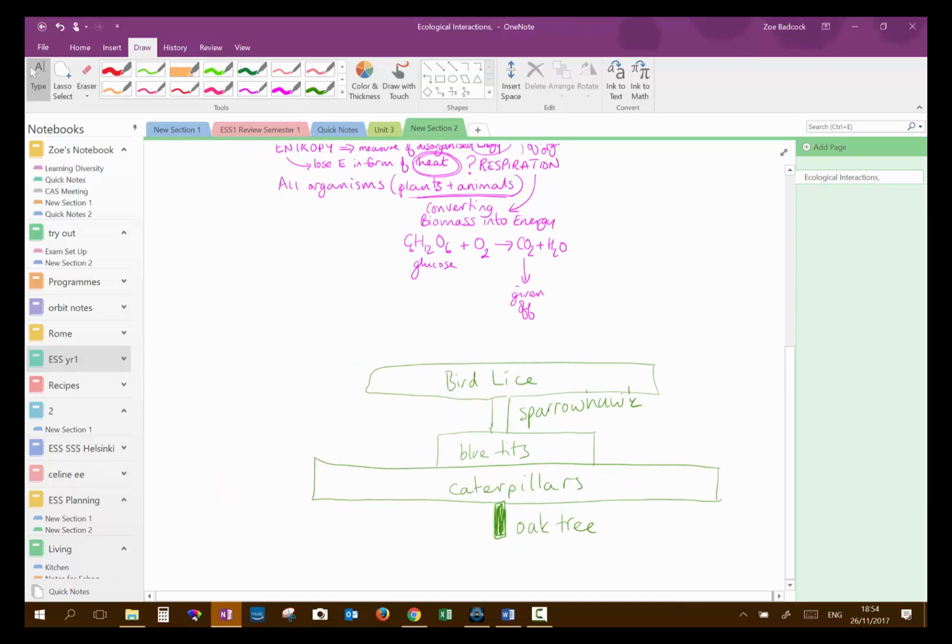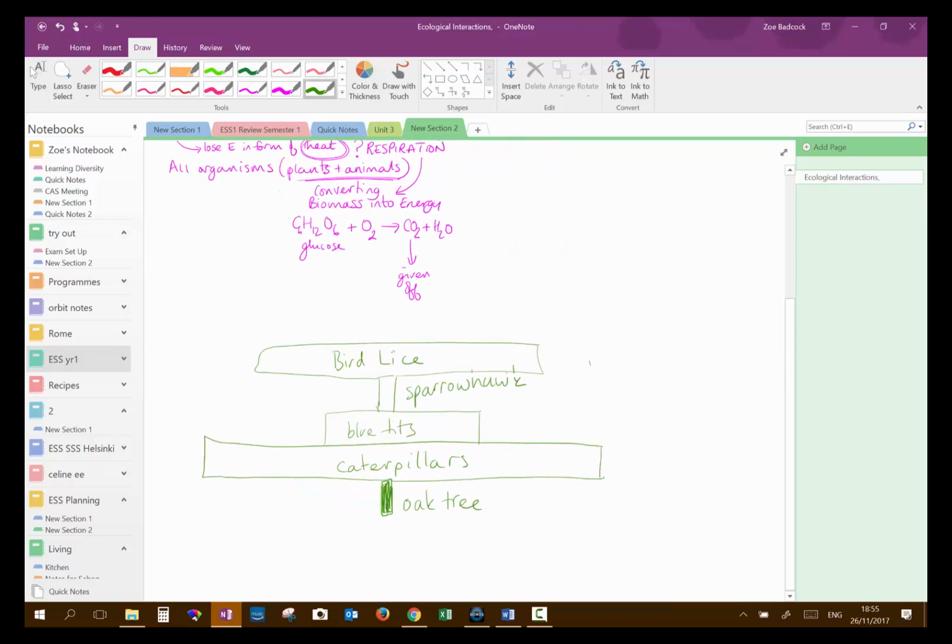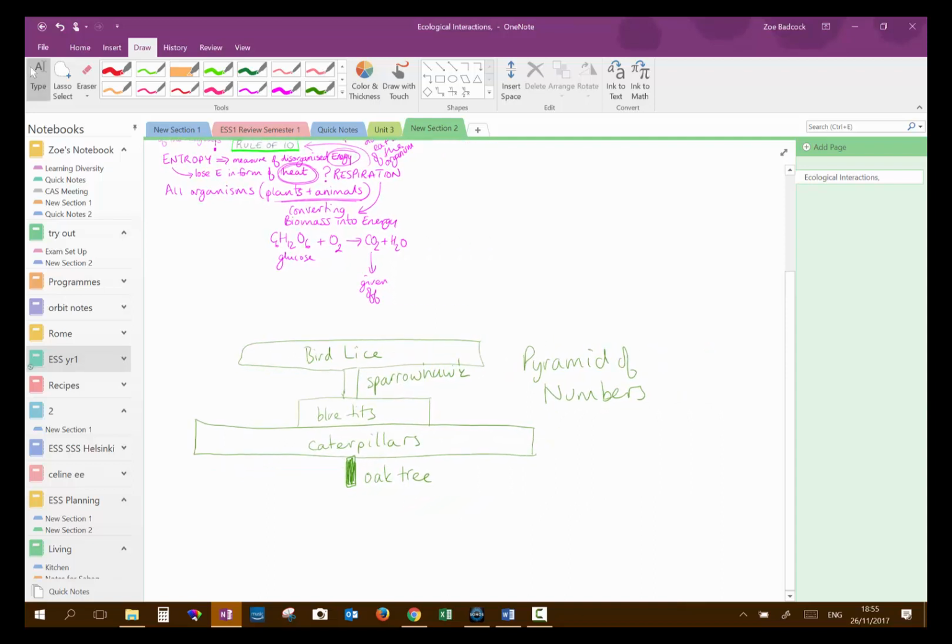And this ecological pyramid is called a pyramid of numbers. And you can have normal shaped pyramids, but you can also have these unusual shapes of pyramid where they don't actually look like a pyramid.